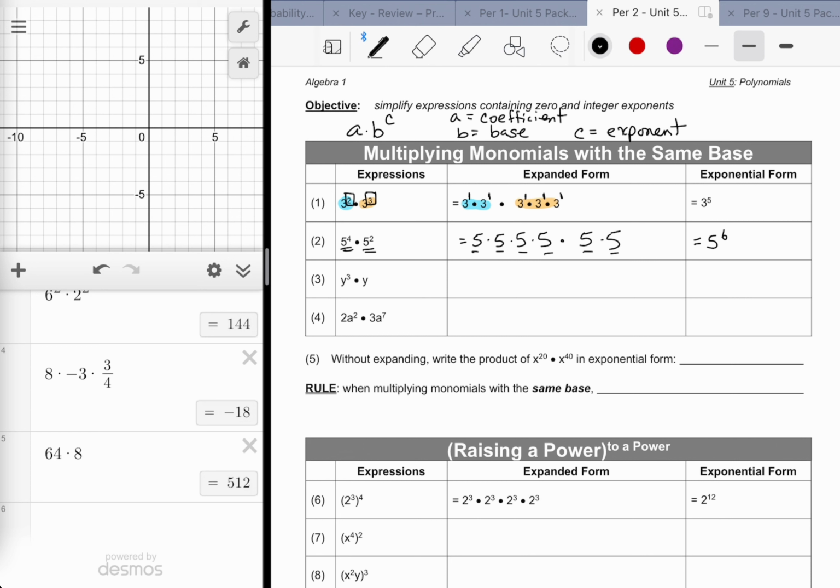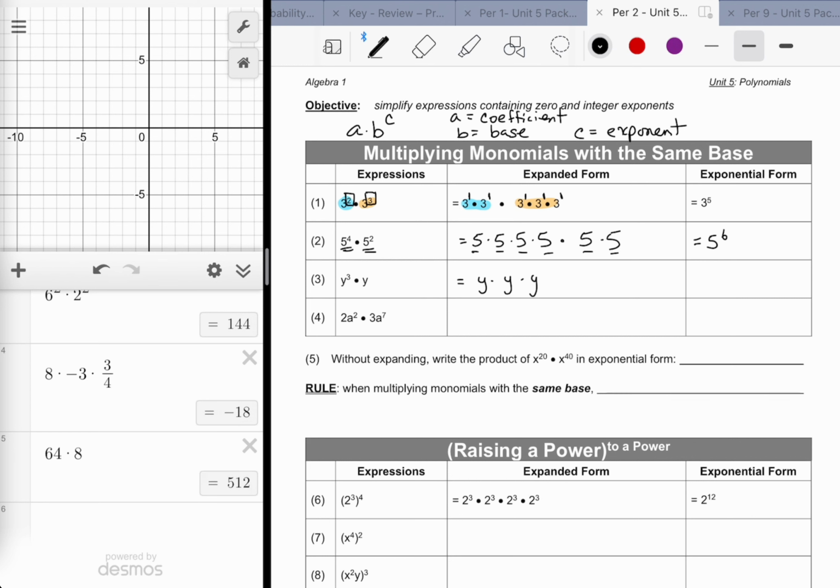All right. Then I would look at number 3, y to the third times y. By the same rationale, y to the third means y is happening 3 times. But then I'm multiplying it by another y.